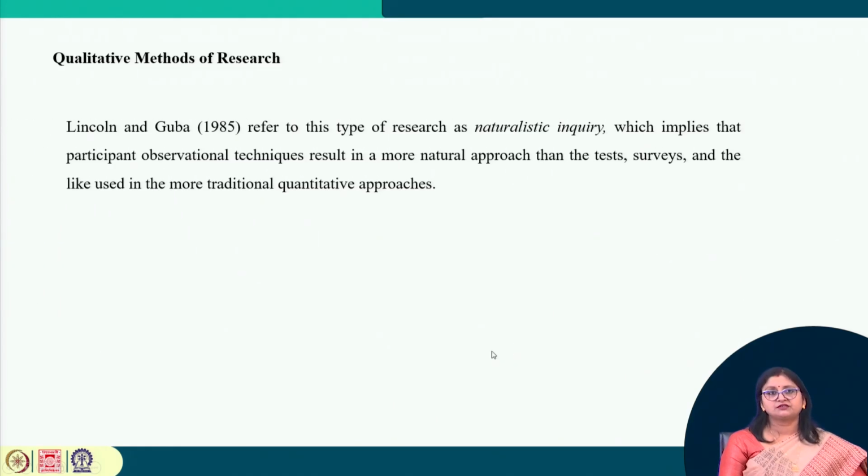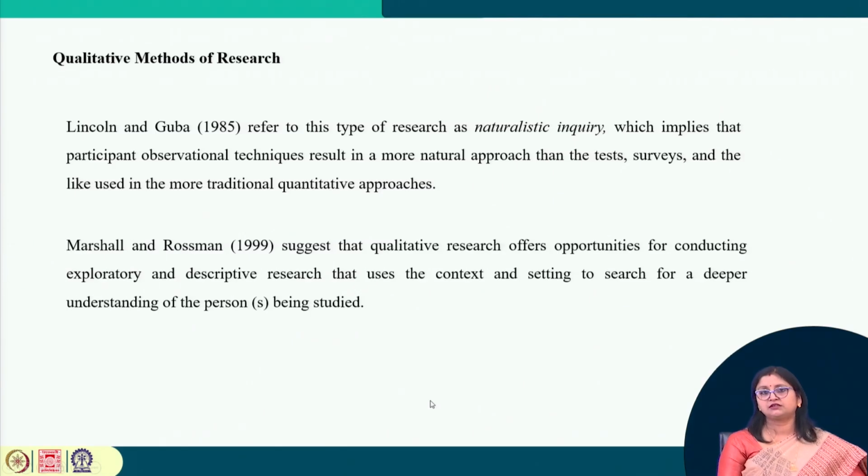Lincoln and Guba in 1985 refer to this type of research as naturalistic inquiry, which implies that participant observational techniques result in a more natural approach than the tests, surveys and the like used in the more traditional quantitative approaches.